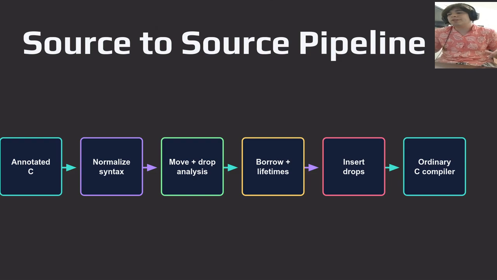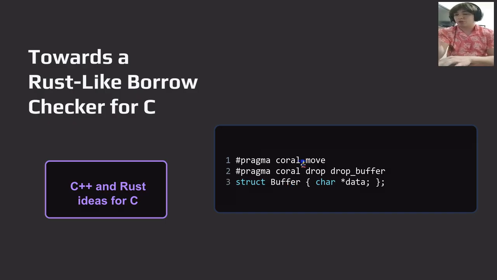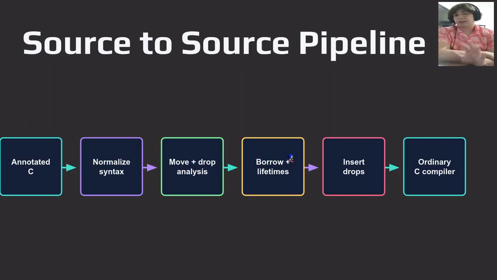And how do they achieve this? They have a source-to-source pipeline. They have the source code, and they add these pragmas. We're going to see more of these pragmas, but all of this fits within the bounds and the syntax of existing C, so basically they have annotated C. Then the static analyzer reads the source code, and when it sees the annotated C, it can analyze the lifetimes and the borrow checking of the source code, and then it inserts what it needs to.